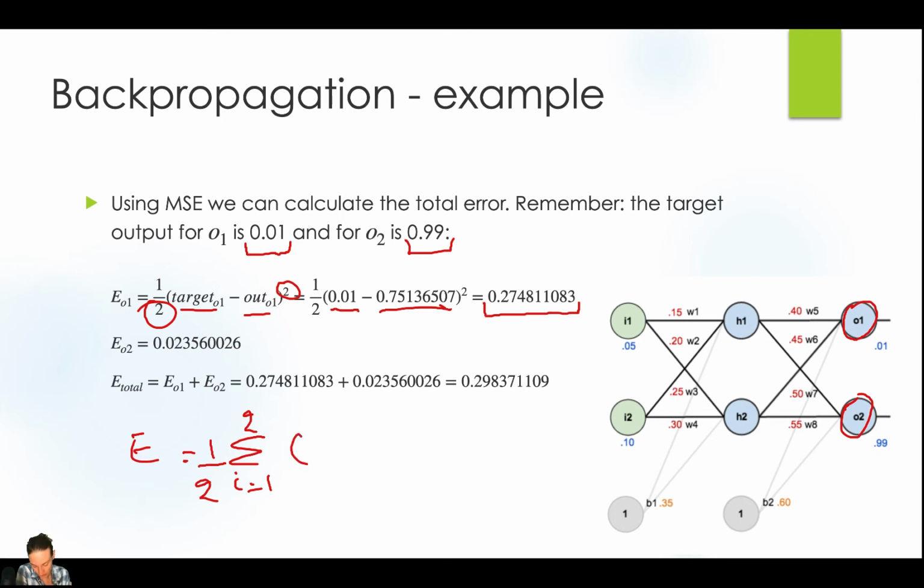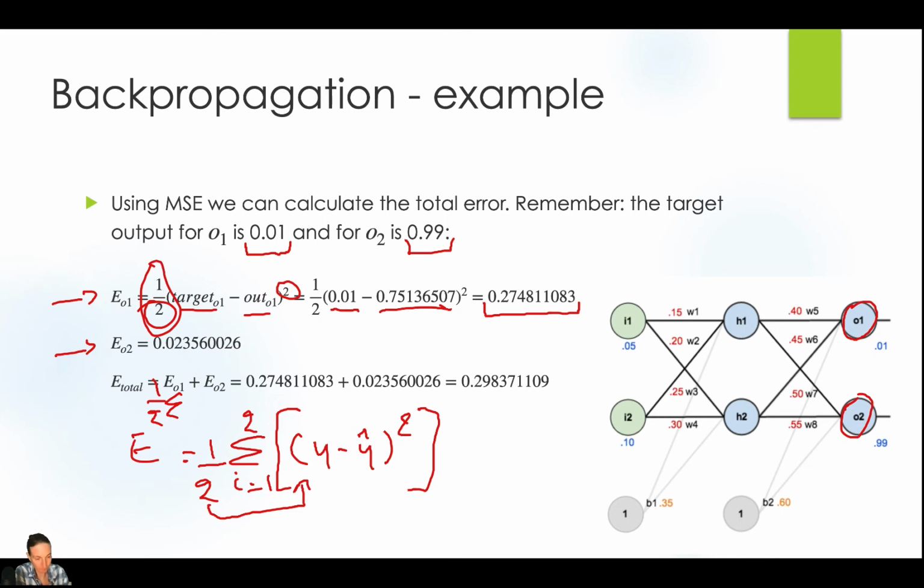It would mean y minus y hat squared, but we sort of already put the 1/2 inside the term. So this is what we're calculating at each part here and here. Then we just need to add them up. So the 1/2 and the sum were already included here. Just to make that clear.